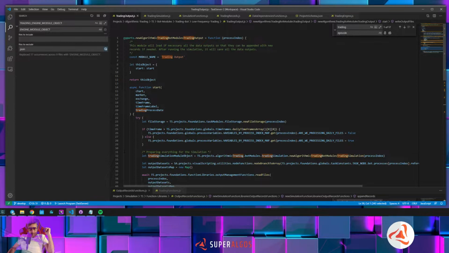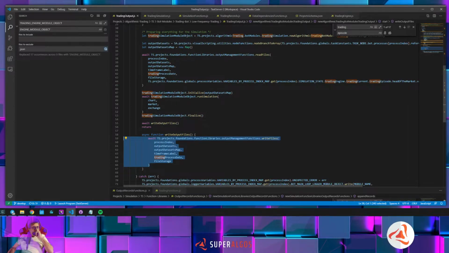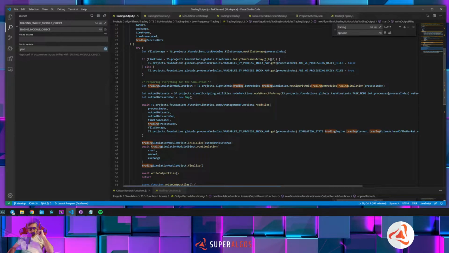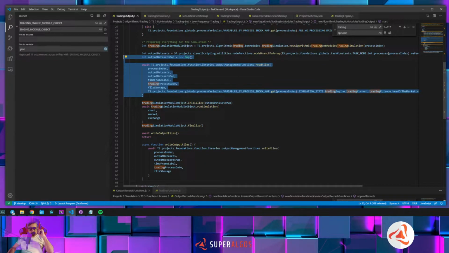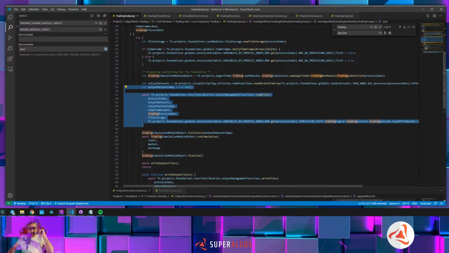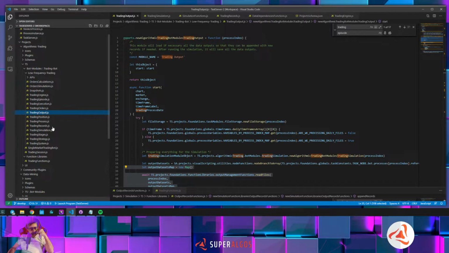I wouldn't mind duplicating this stuff because it's quite minimal. It just reads the data, runs the simulation, and writes the data. So it's quite simple, which is great, because I didn't expect that it would be already ready to go.